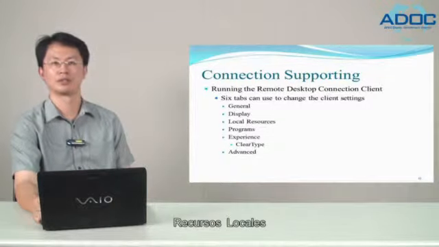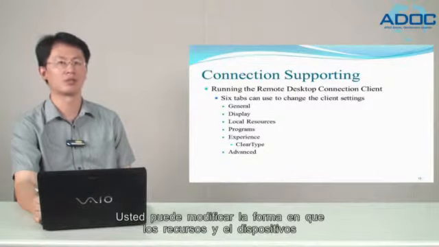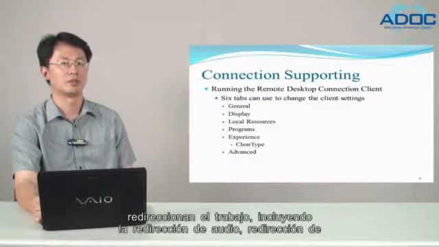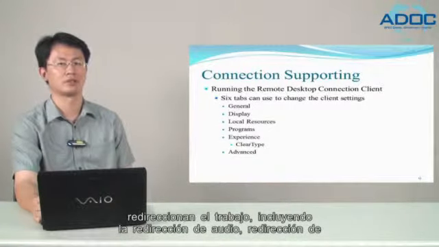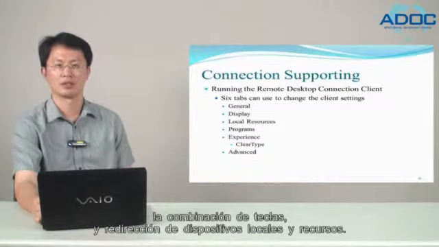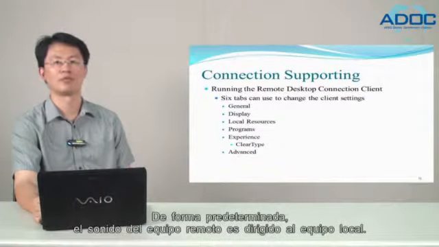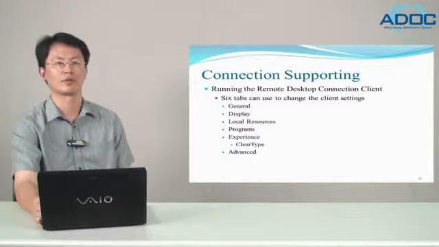Local Resources. You can modify the way the resource and device redirection work, including audio redirection, keystroke combination redirection, and local device and resource redirection. By default, remote computer sound is redirected to the local computer.